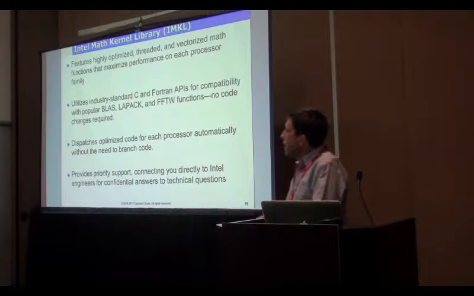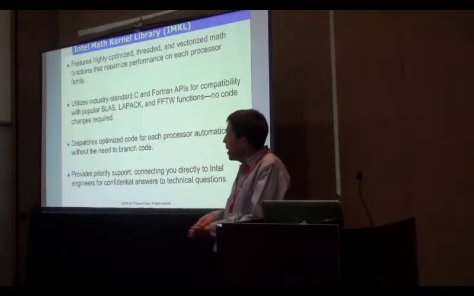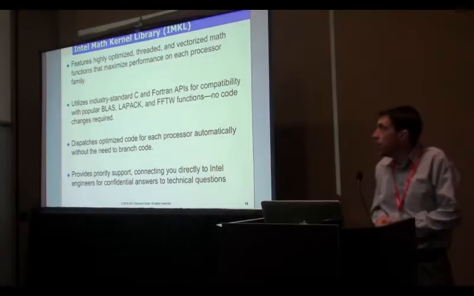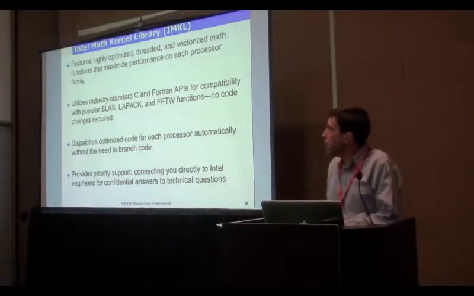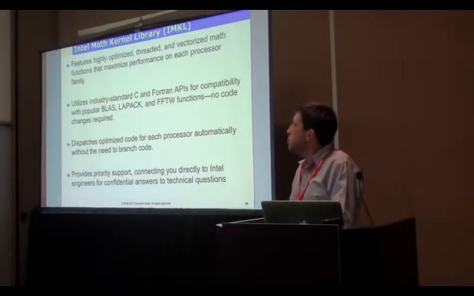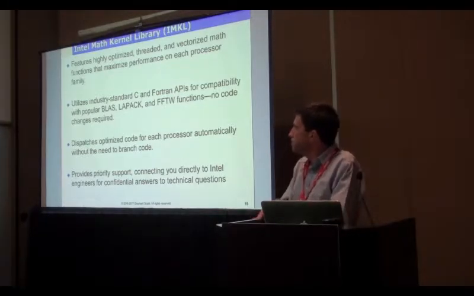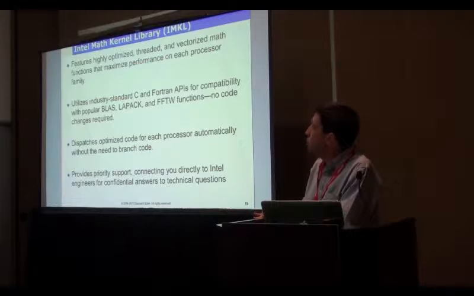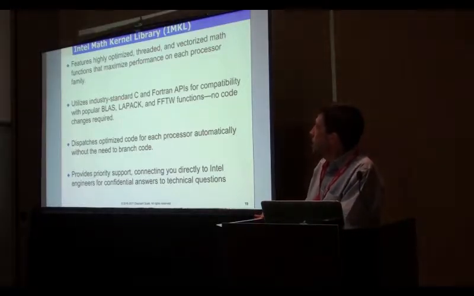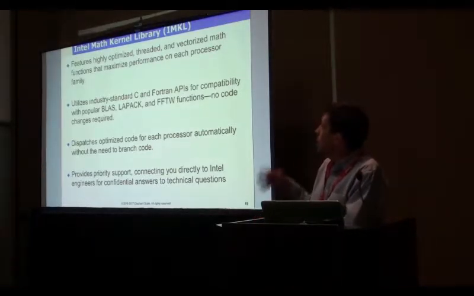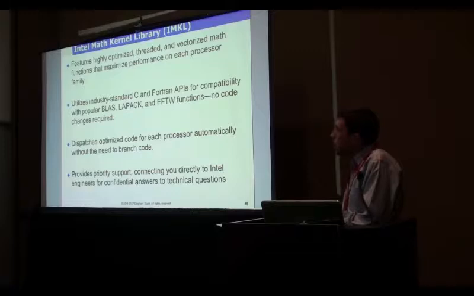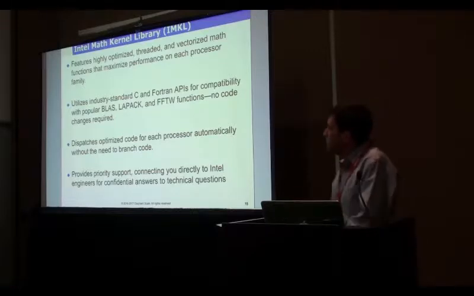So the Intel Math Kernel Library is designed to give highly optimized, threaded, and vectorized math functions that allow us to have high performance on CPU-based approaches. Intel provides C, Fortran, and other APIs for compatibility with common APIs like BLAS for linear algebra, LAPACK, and FFTW functions.